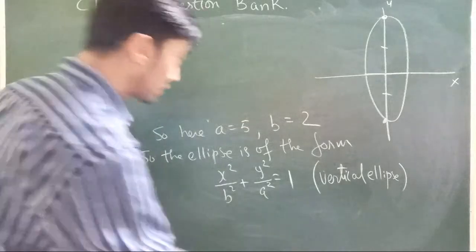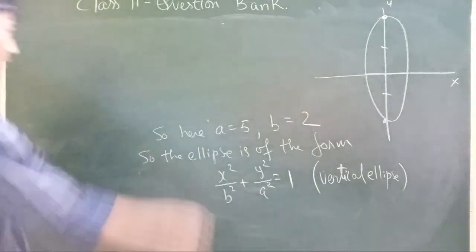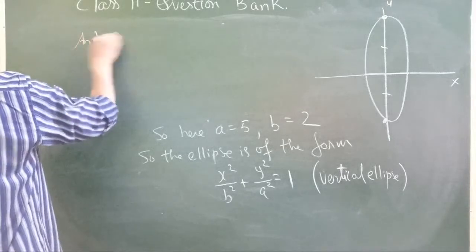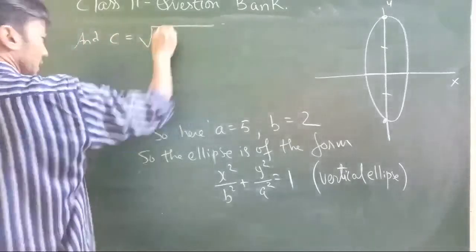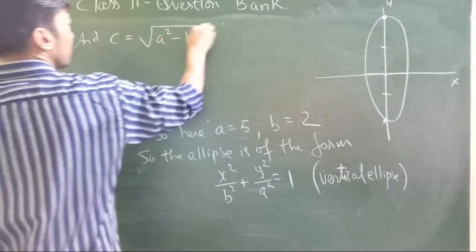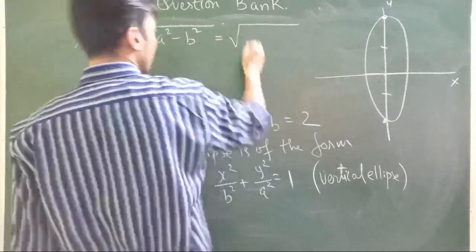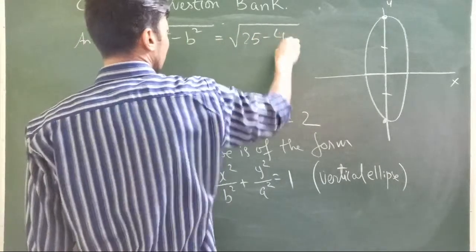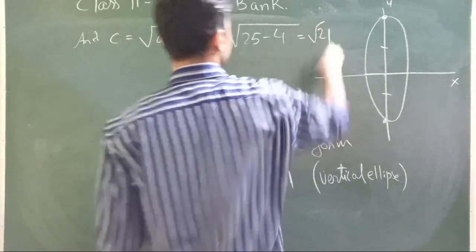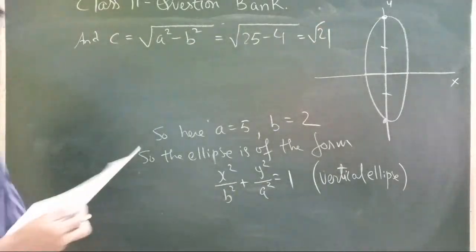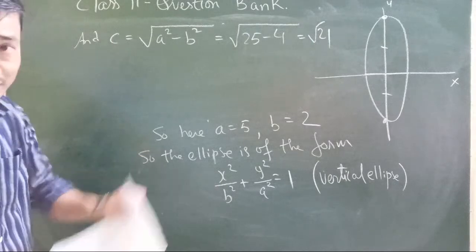So now since things are sorted out, let's find out the value of c. The value of c, of course, will be simply root over a squared minus b squared. So that's root over 5 squared, 25, minus 2 squared, 4. So the value of c is root over 21. Alright, let's jump now to the coordinates of the foci.